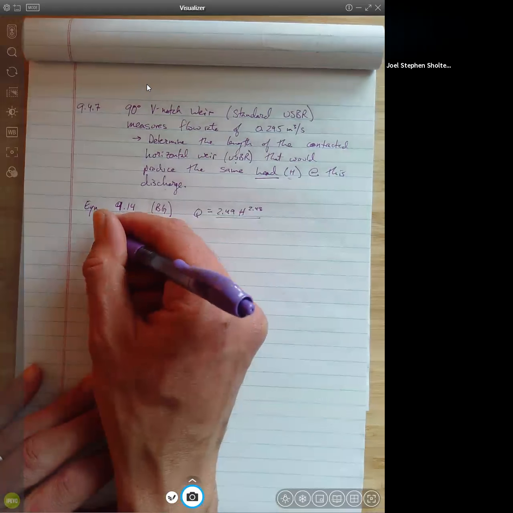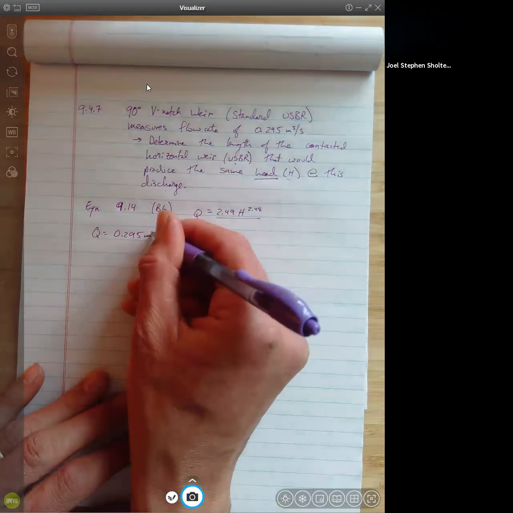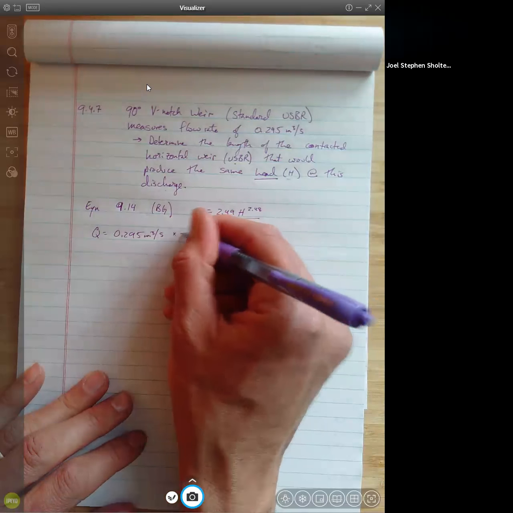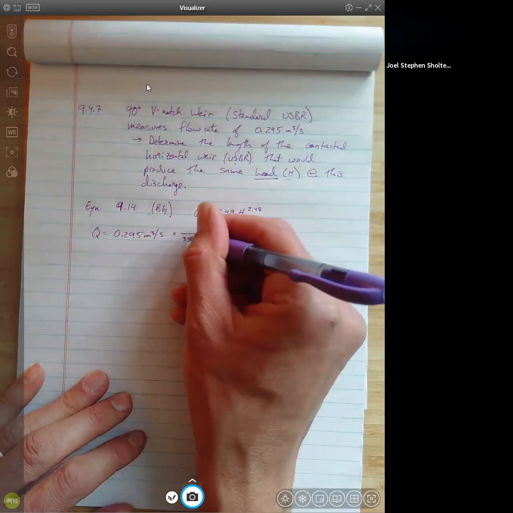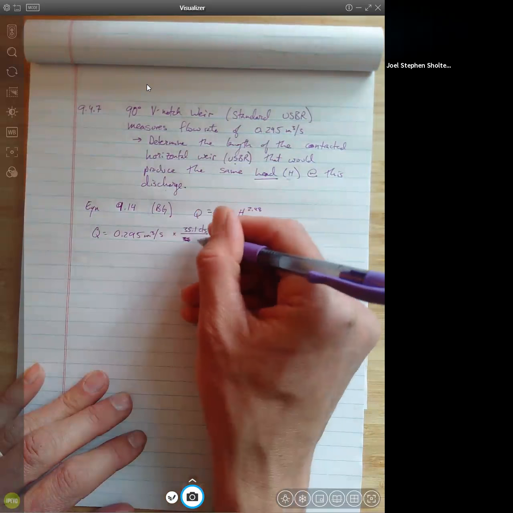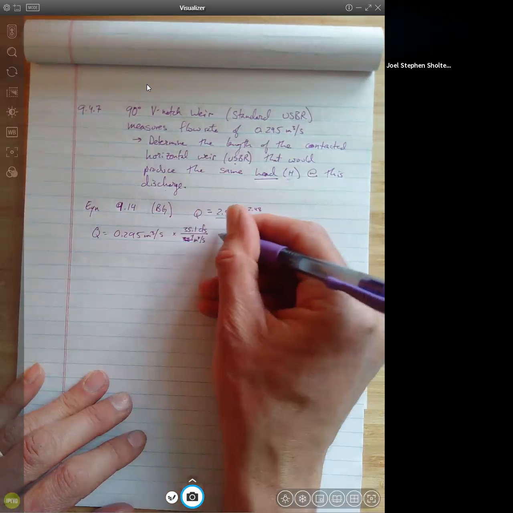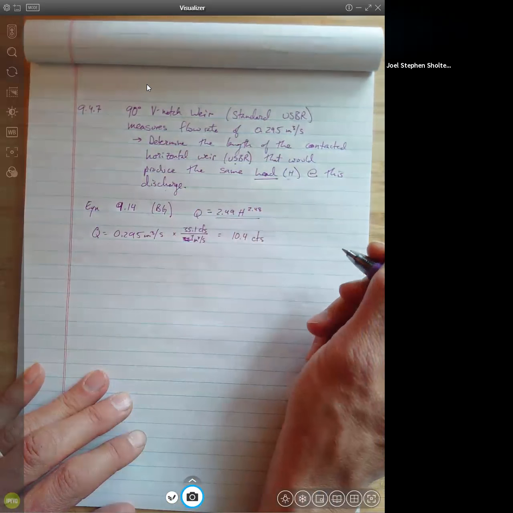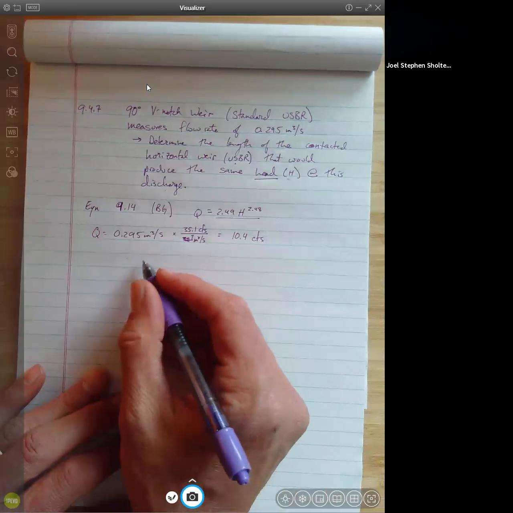So Q is equal to 0.295 cubic meters per second times 35.1 CFS per cubic meter per second, and we end up with 10.4 CFS. All right, let's plug that in and see what we get for H.